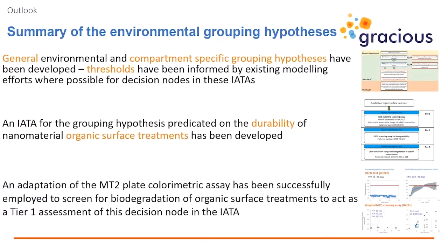And we've also introduced a screening tier 1 assay, adapting the MT2 plate colorimetric test, and we successfully employed this to screen for biodegradation of organic surface treatments, acting as a tier 1 assessment for this decision node in our IATA.